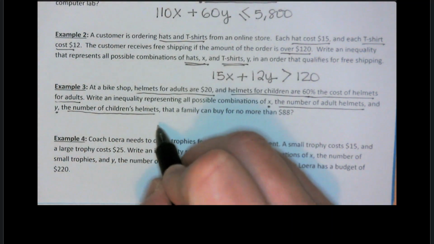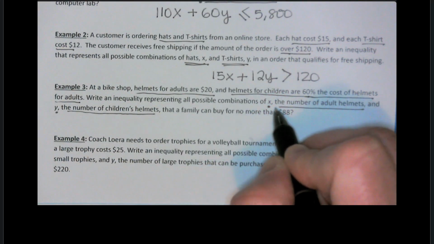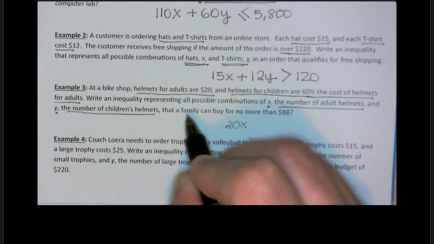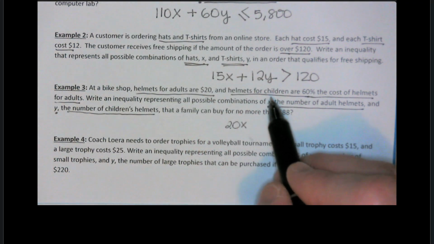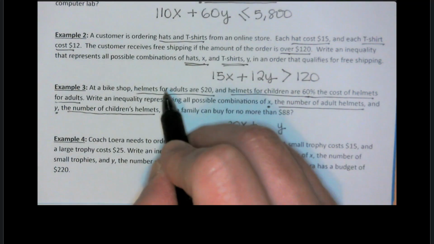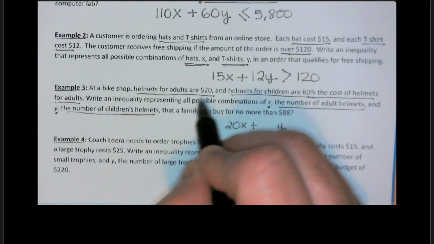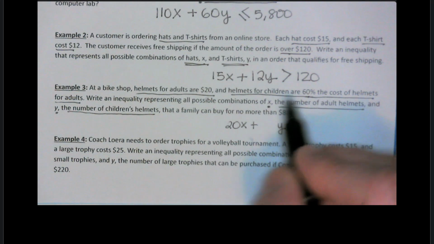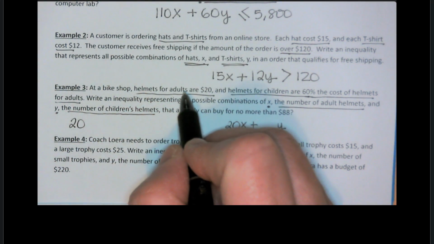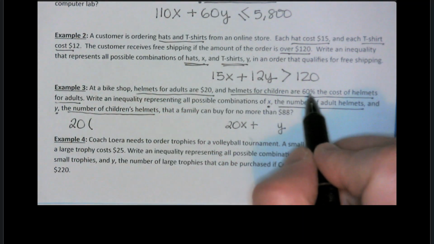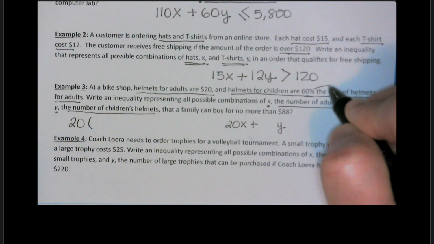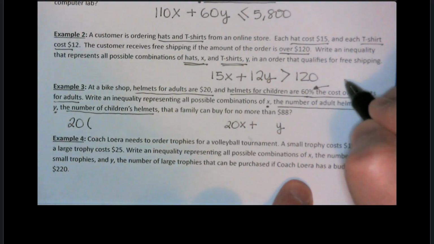So we know that the adult helmets are 20X. And then the helmets for children, which would be Y, the price is 60% of the adult helmet. So how do I do percentage?